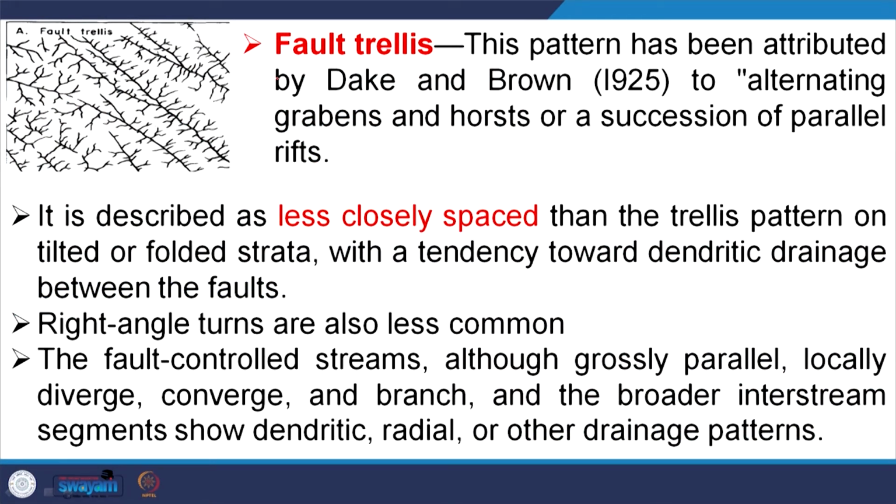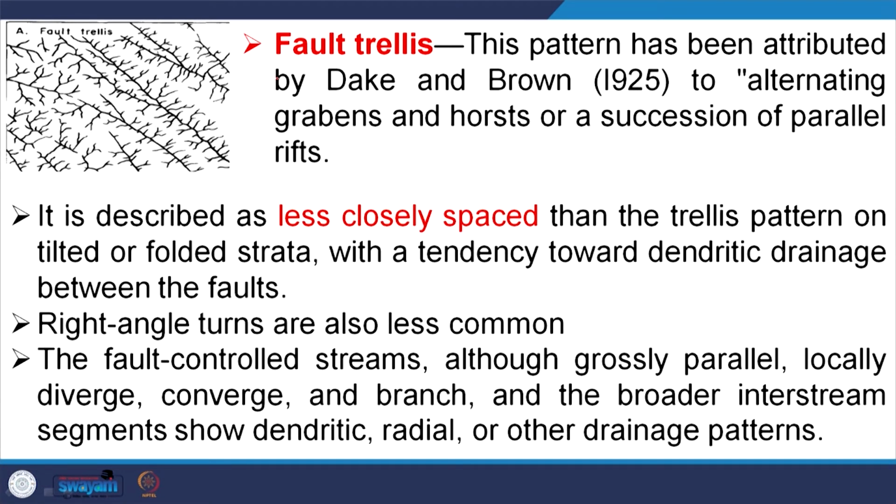Then another type of modified basic trellis pattern is fault trellis. We have fold trellis, that is curved trellis, and similarly we have fault trellis. That means it is a trellis pattern, but it is controlled by faults. For example, this pattern has been attributed by Dake and Brown in 1925 to alternate grabens and horsts, or a succession of parallel rifts.